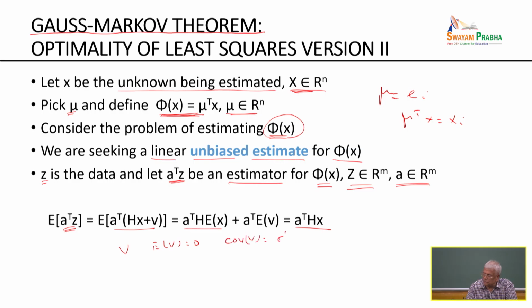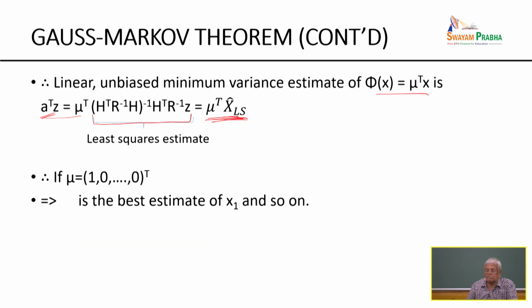is equal to R, using this information only, we have now derived the Gauss-Markov theorem, which says that among all the linear unbiased estimates, the least square estimate has the minimum variance.